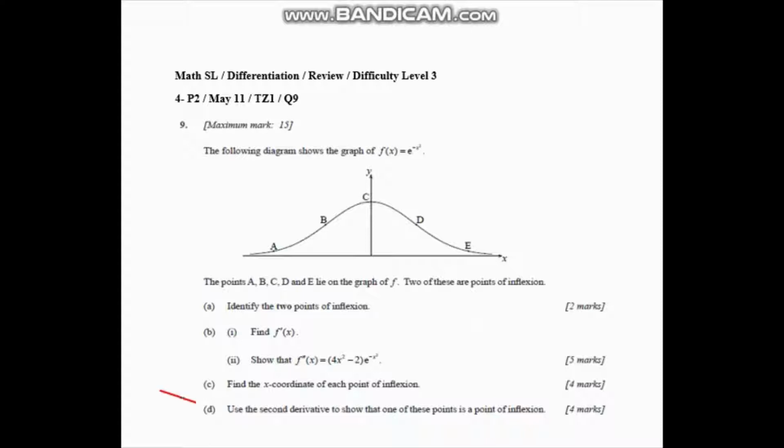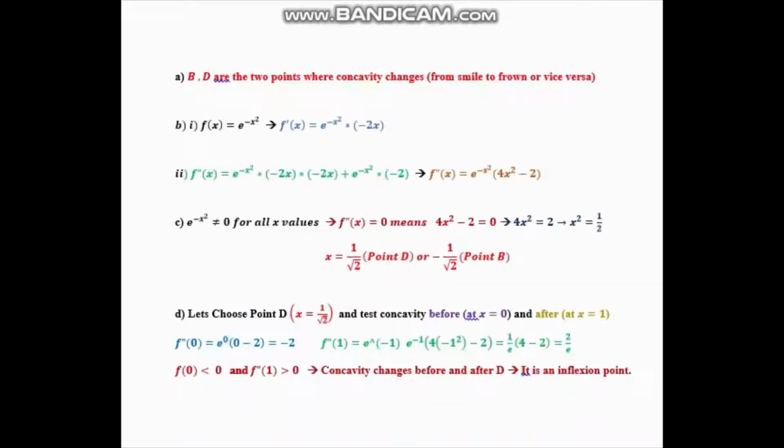Next, in question D, I am asked to use the second derivative to show that one of these points is a point of inflection. So I need to choose either one of the 2 points and prove that it's a point of inflection.